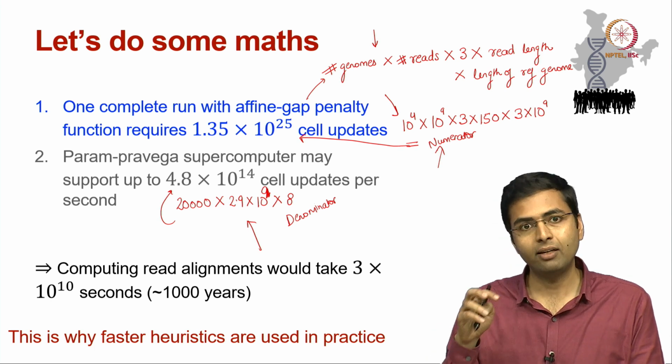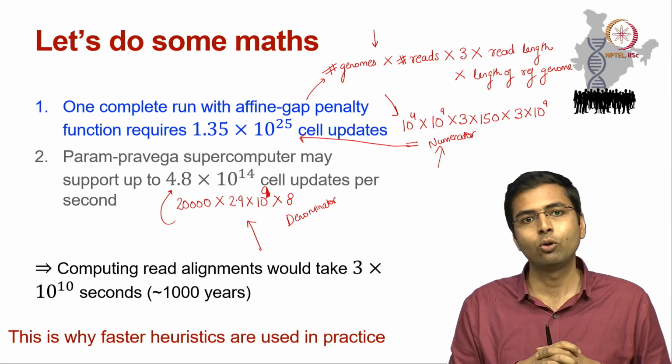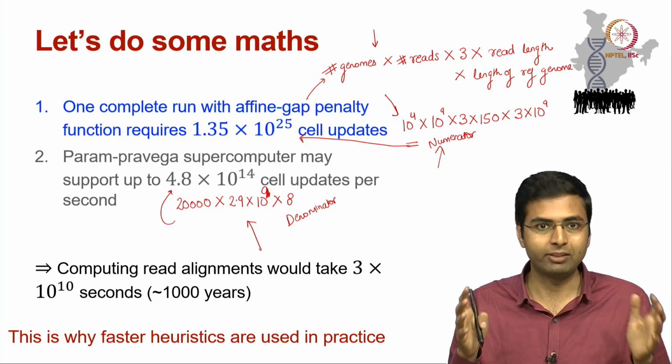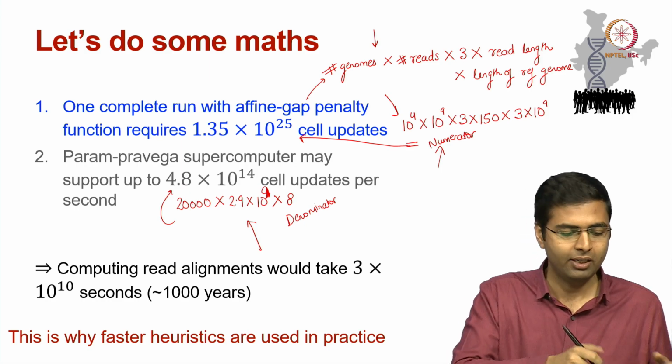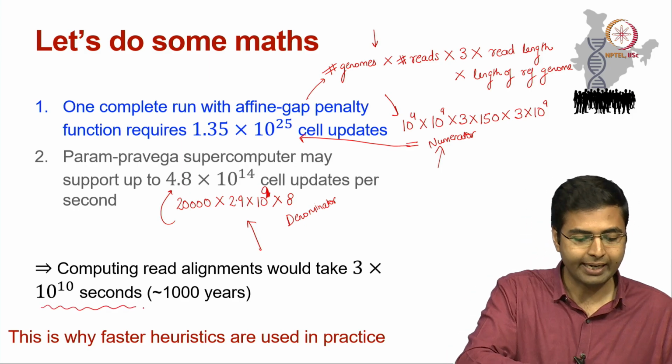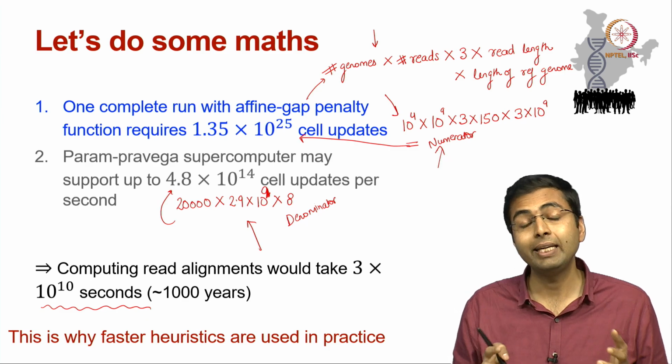So, if we do the division, we will get the number of seconds it would take to do the entire dynamic programming process. And what you get by taking the ratio is 10 raised to the power 10 seconds approximately, which is equivalent to 1000 years.